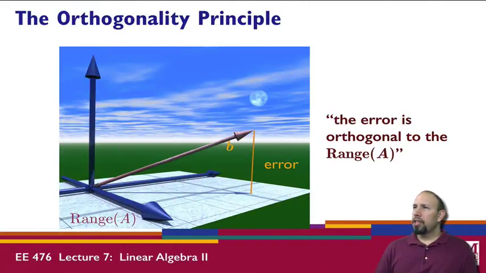Well, this picture illustrates what's going on. If we think of this plane down here as the range of A, and here's our vector B, notice that B is not on this plane, which means it's not in the range of A. So we do not have an exact solution.